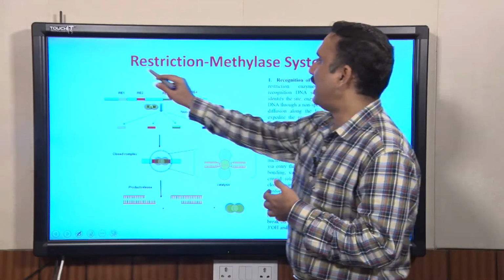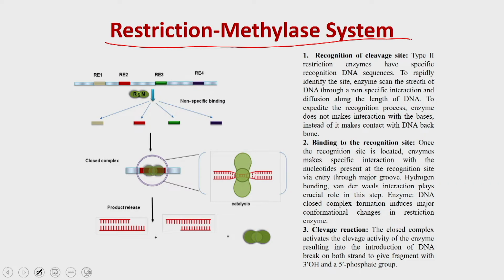We have also discussed the mechanism of the restriction methylase systems. In that, suppose you have different types of restriction sites, RE1, RE2, RE3, RE4, and suppose you have added the restriction enzyme. The enzyme will bind to all these restriction sites, but it will only make the closed complex when it binds to its respective restriction site.